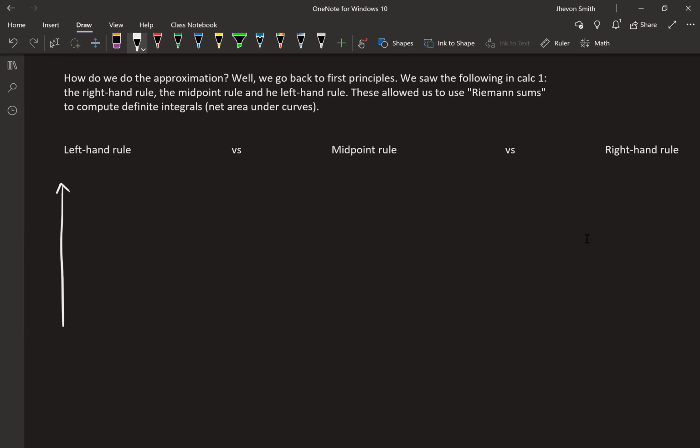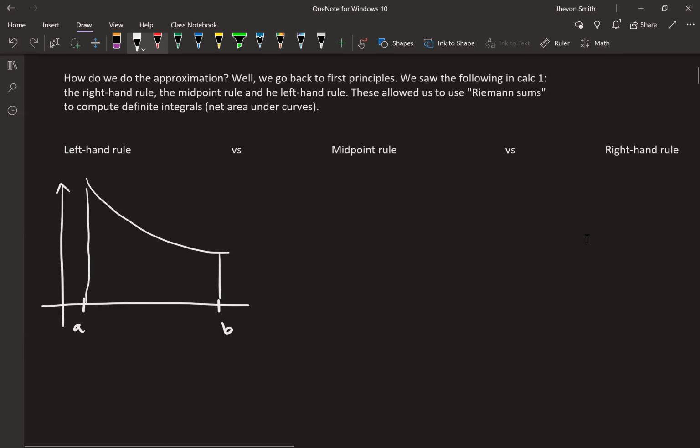So one was the left-hand rule. This was when you had a curve, you care about the area under that curve between A and B. And what you did was you dissected that interval into what you call subintervals. And on each of these intervals, you erected rectangles.